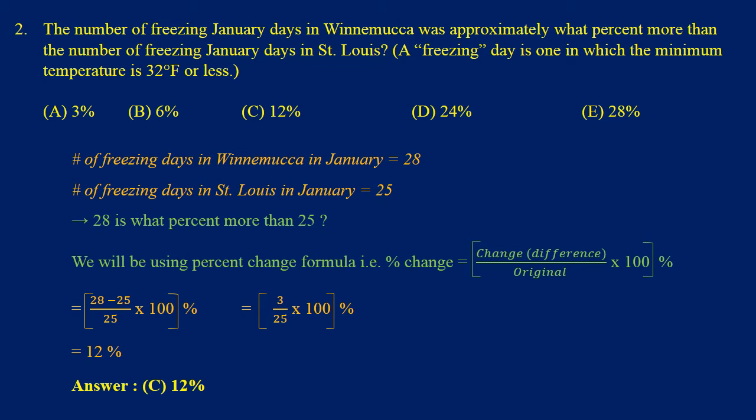If it says what percent more, you're going to pick the minimum of the two as your original. And if it says what percent less, then you're going to pick the maximum of the two values as your original value.